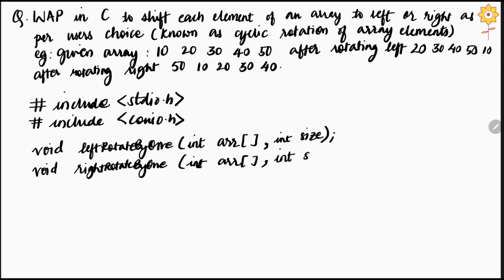So, that is why we are writing the argument list and then a semicolon. You will put a semicolon only when you are just declaring the function and not writing its definition. Since I am not writing its definition right here, I am terminating the function declaration by putting a semicolon at the end.